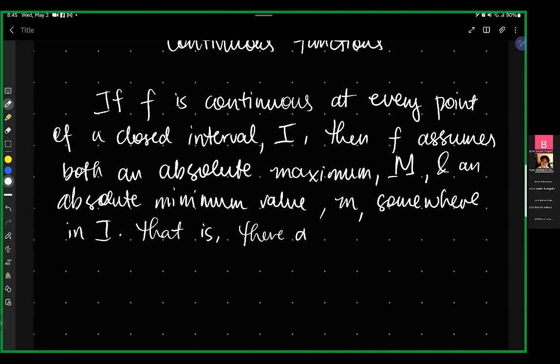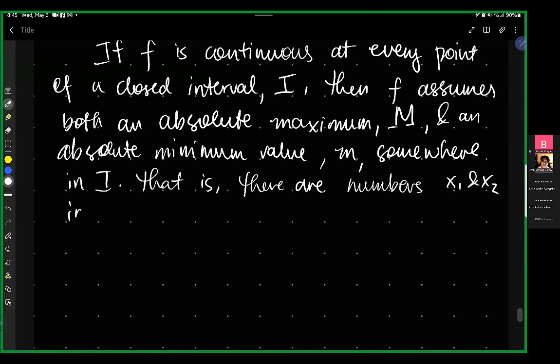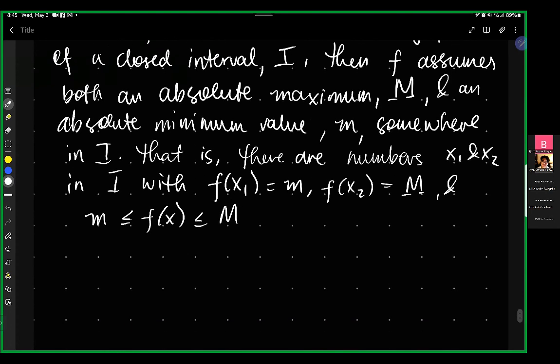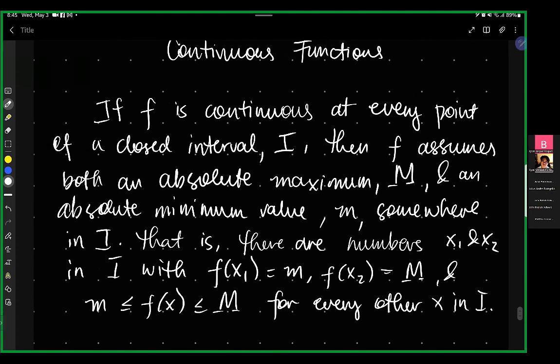That is, there are numbers x1 and x2 in I with f of x1 equal to small m and f of x2 equal to capital M, and that small m bounds the function f of x with the large M for every other x in I. So the Max Min theorem is a mouthful.